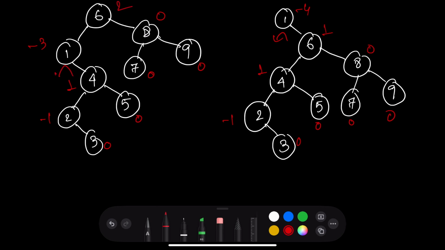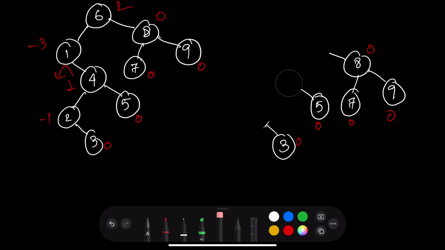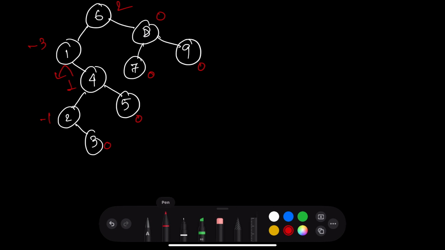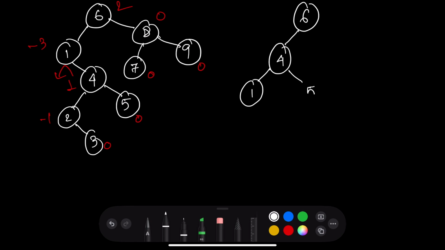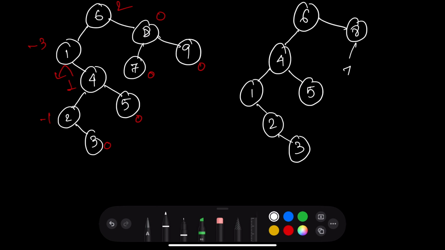So here left rotation would be there. That means 6, then 4, then 1, then 5, and 2, and then 3, and then 8, and 7, then 9.